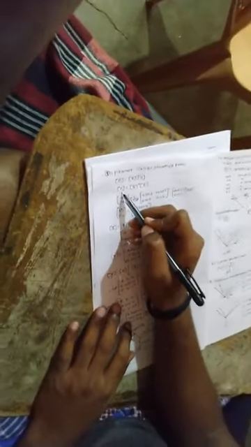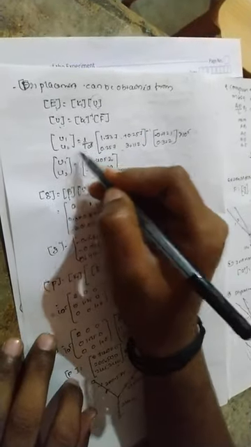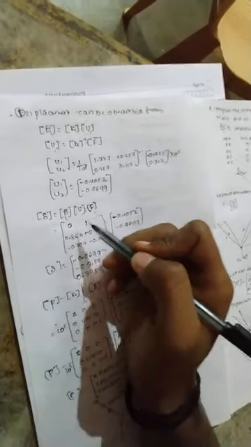So U is equal to K inverse into F bar. This is the F bar we found here. Substitute the matrix values and you get the U1 and U2 values.